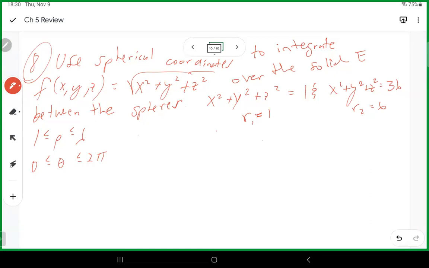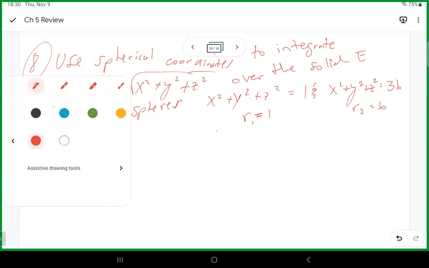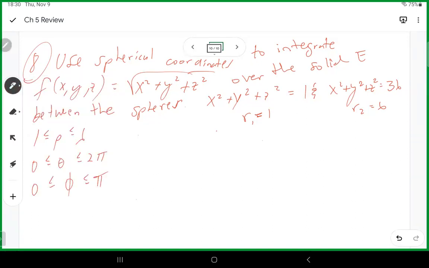And then phi would be between, whatever that fancy Greek letter is. All right, so then since the integrand is x squared plus y squared plus z squared equals rho squared, I guess.